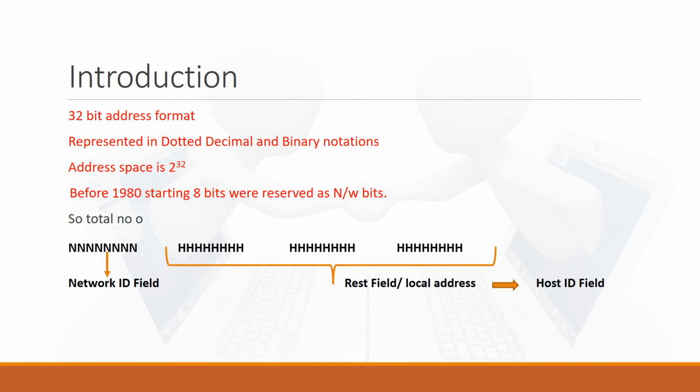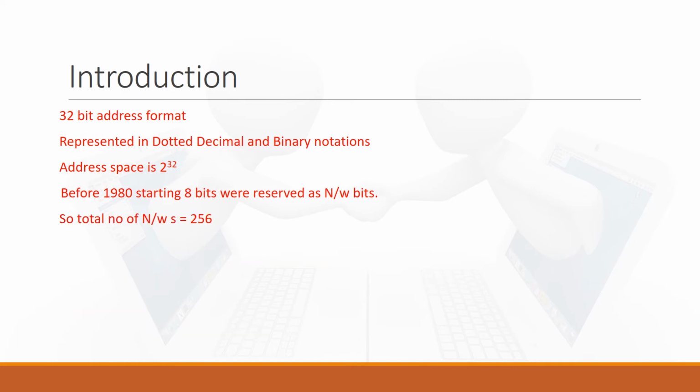So the total number of networks which can be created with the help of these 8 bits is 2 to the power 8, which is equal to 256. We can create only 256 networks with the previous scheme. Similarly, the total number of hosts in each of the 256 networks is 2 to the power 24.